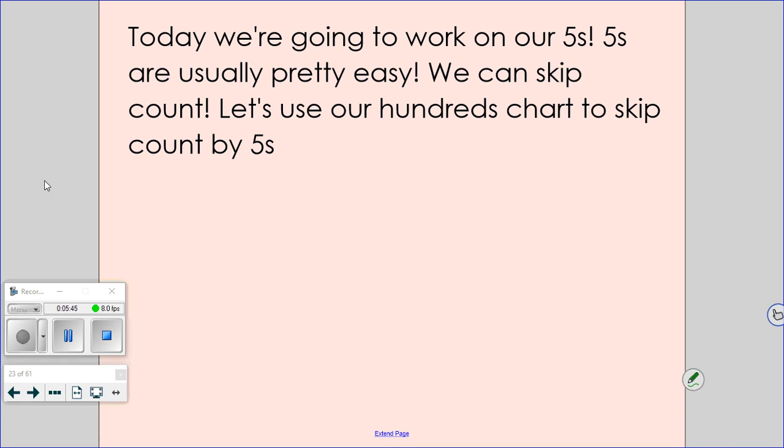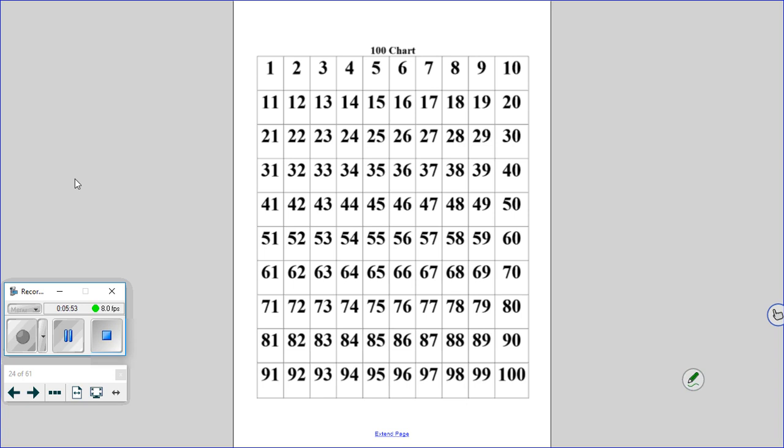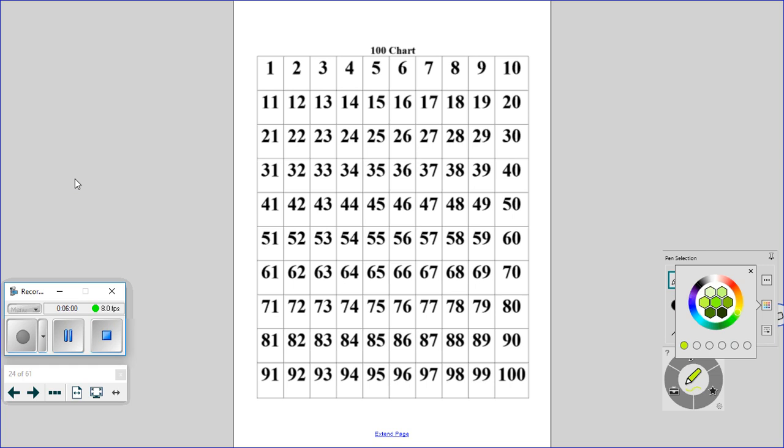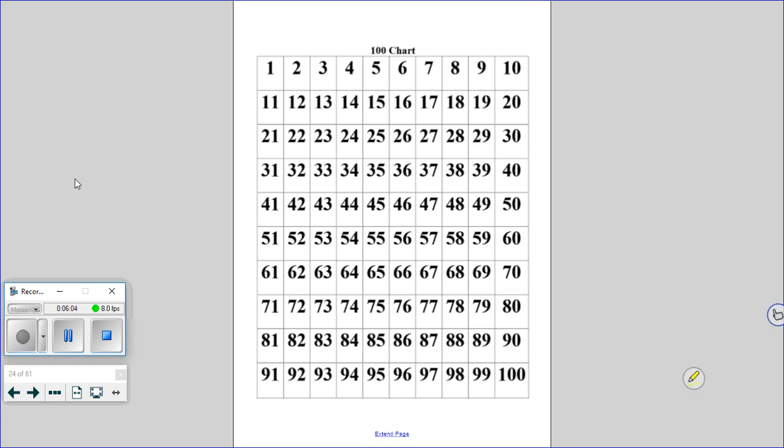So while you're waiting for me, get out a glue stick and a yellow crayon because you're going to start gluing in that hundreds chart and coloring in your 5s. Alright, so we should probably have quite a few products colored in.